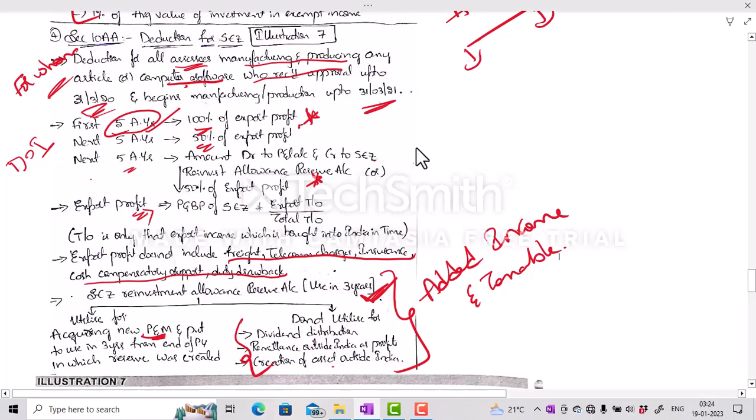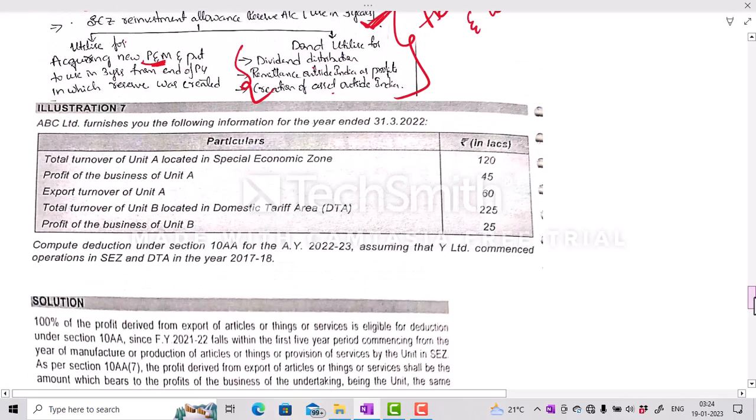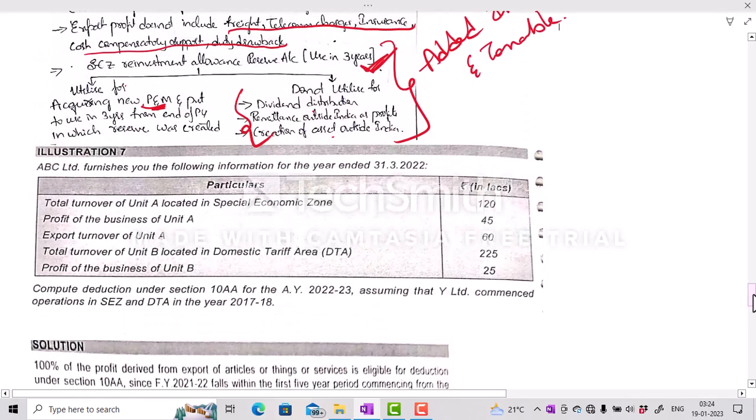So we have illustration number 7 for that. Total income of unit A located in cess is 120 lakhs. Profit of business of unit A 45 lakhs. Export turnover of unit A is 60.